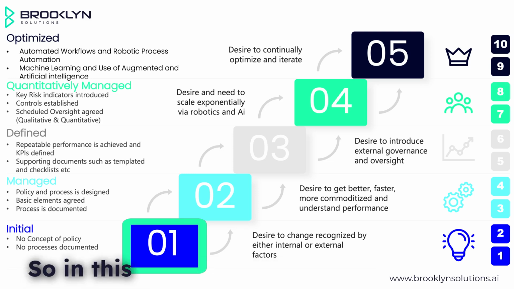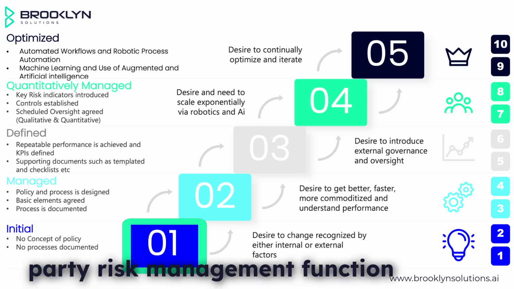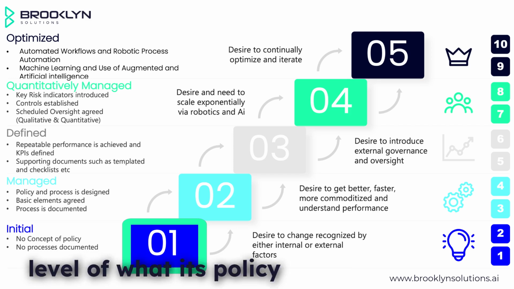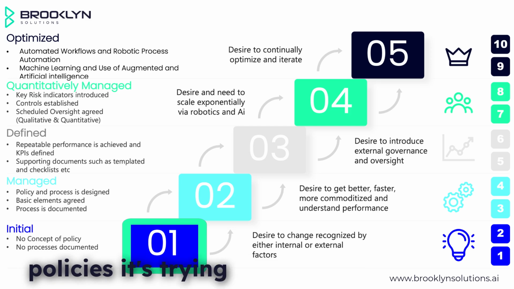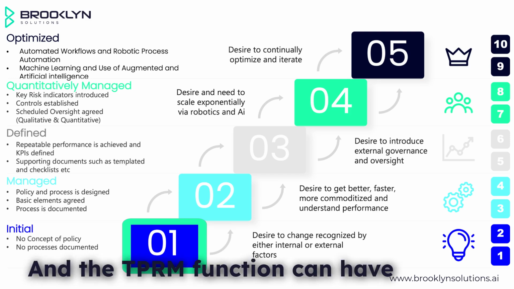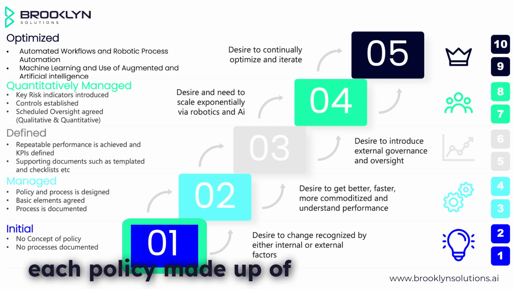So in this case, for the third-party risk management function, the function operates with no real direction at the highest level of what its policy is trying to meet. The TPRM function can have its policy made up of individual policies.